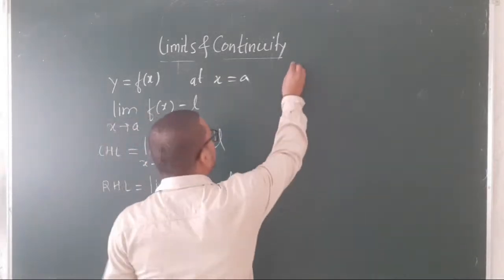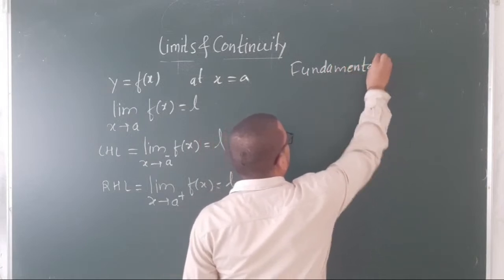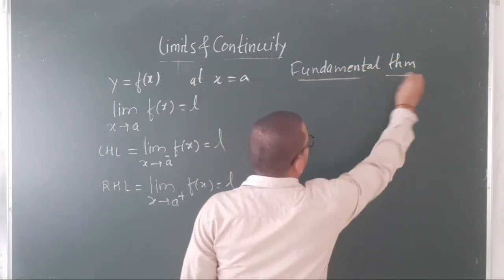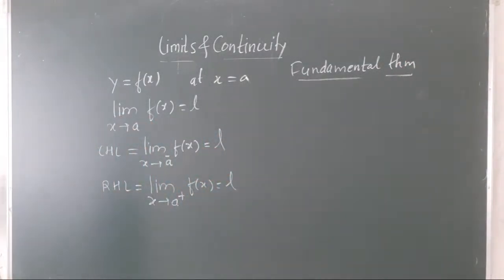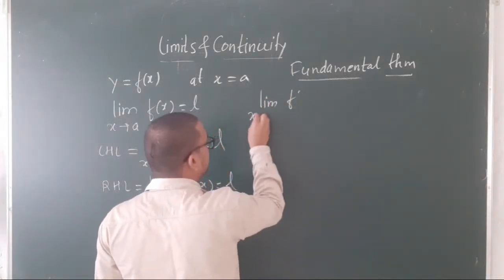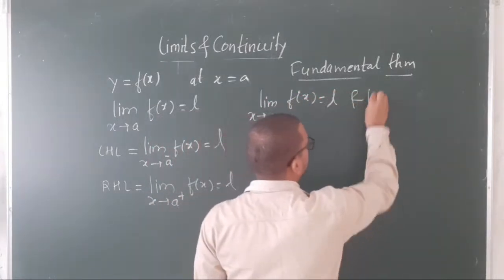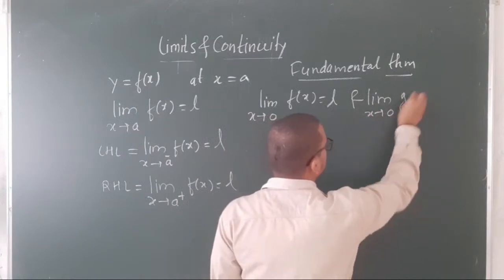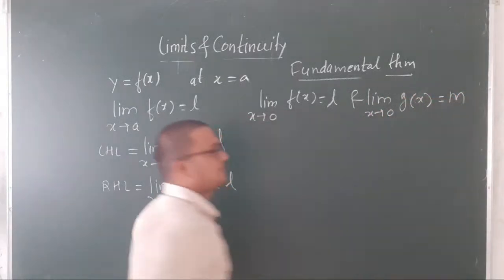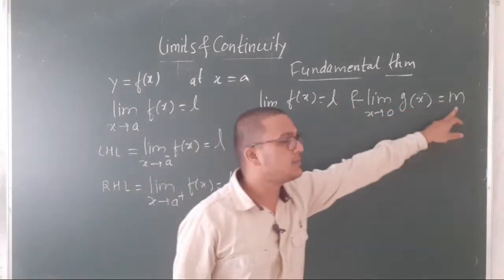Next, fundamental theorems on limits. If limit x tends to 0, f of x is equal to L, and limit x tends to 0, g of x is equal to m, where this L and m are two real numbers.